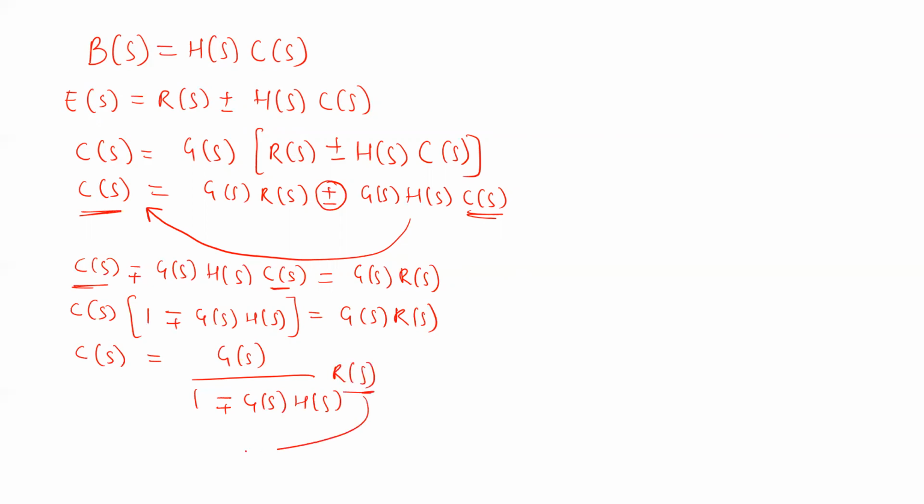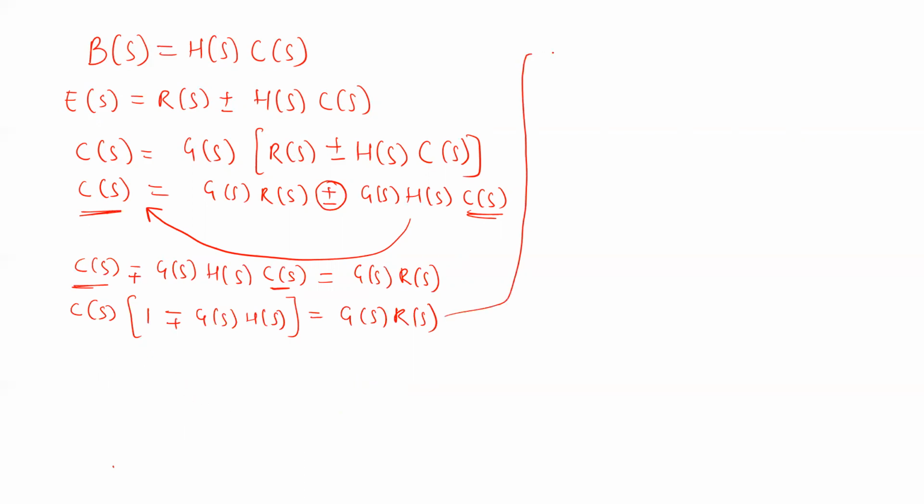Now you can take this RS on this side, so you get CS by RS. So CS is equal to GS divided by 1 minus plus GS HS into RS.